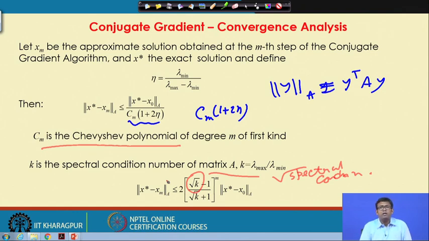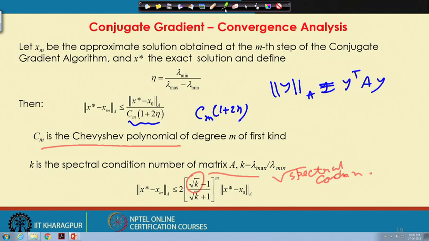Now, earlier for steepest descent we have seen that convergence is a function of the spectral condition number. The spectral condition number is greater than 1, being lambda max by lambda min, so it is always greater than 1. The root of the spectral condition number must be smaller than the spectral condition number.